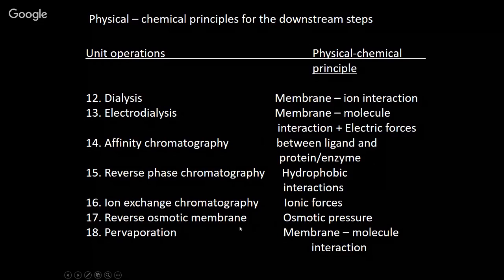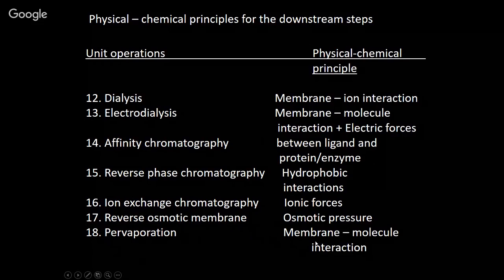Then comes pervaporation. This is again a membrane process. It's a combination of permeation and vaporization. Initially you do a vaporization, so the liquid or the solvent gets vaporized by applying a little heat and a lot of vacuum. Then it permeates through a membrane which does not have any pores.